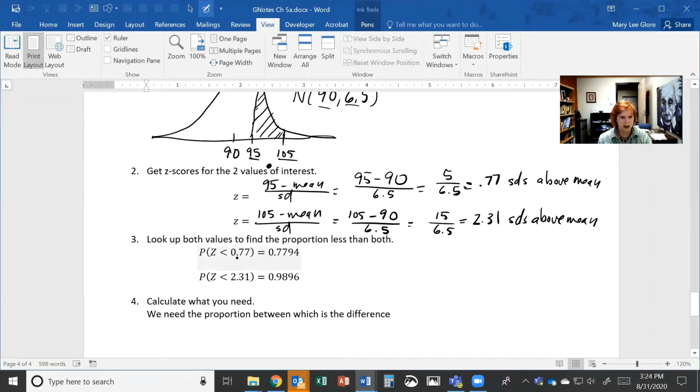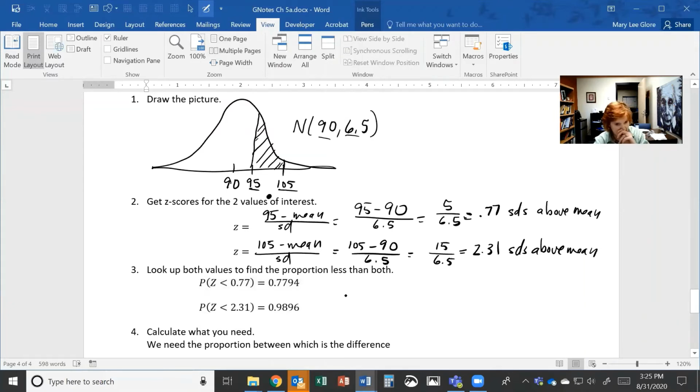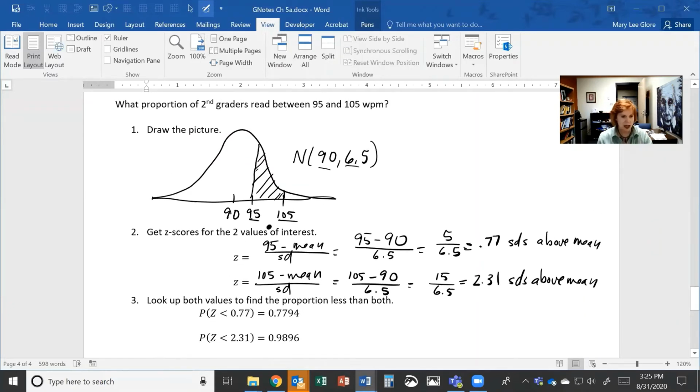Again, both times, these are the proportions of second graders that I would expect to read fewer than 95. So this is the proportion 0.7794. This is this area. This is the proportion of second graders that I expect will read fewer than 95 words per minute. This other one, 0.9896, is the proportion of second graders that I expect to read fewer than 105 words per minute.